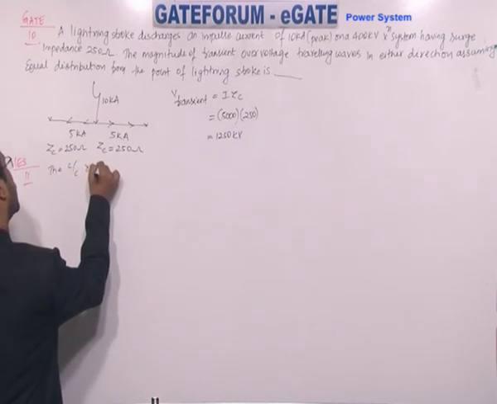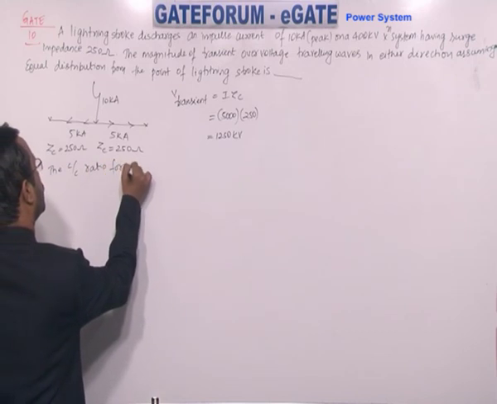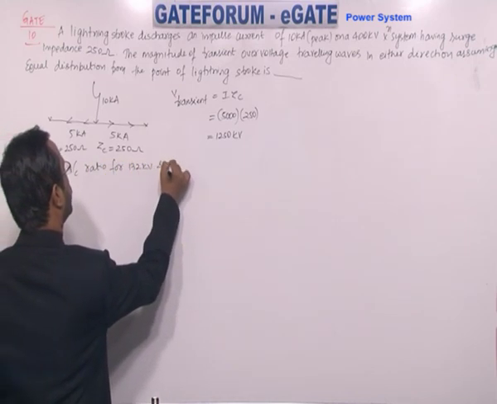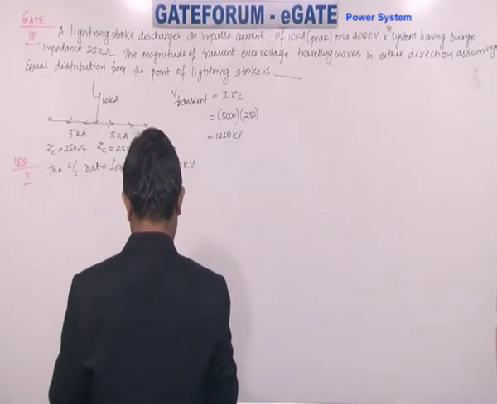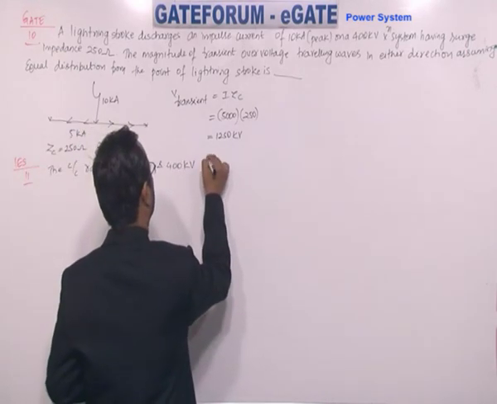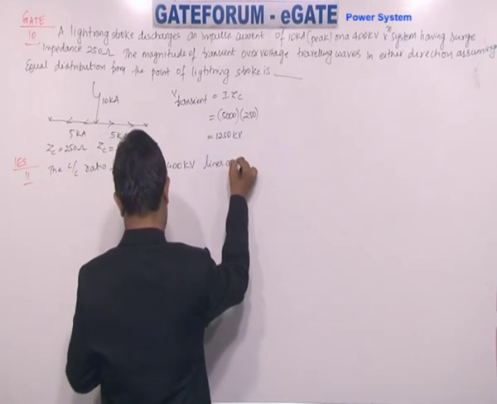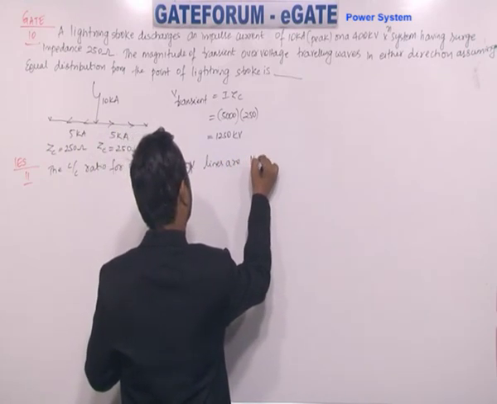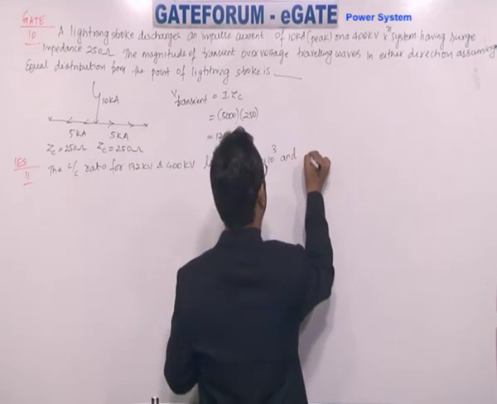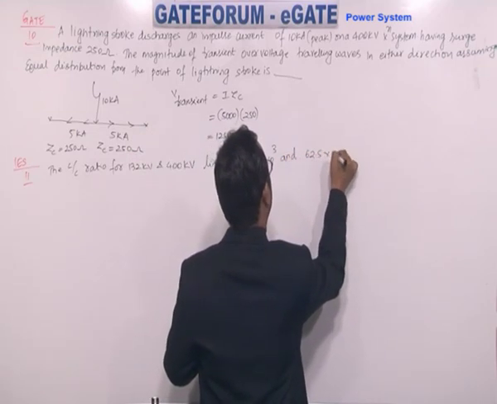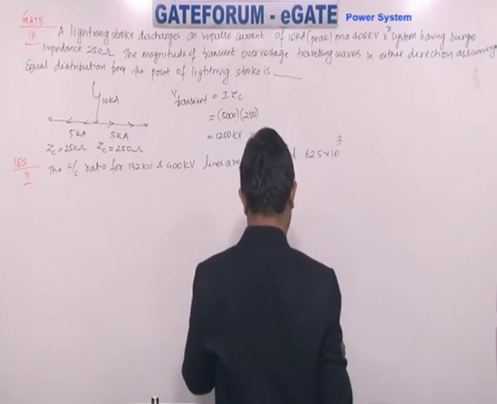The L by C ratio for 132 kV and 400 kV lines are 160 into 10 cube and 62.5 into 10 cube.